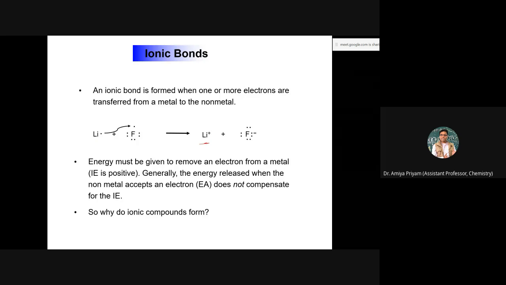Now, if you have a large number of such, say 1 mole, so you have 10 to the power 23 atoms of lithium, 10 to the power 23 atoms of fluorine, then they will combine together. Because of mutual attraction between positive and negative charges, they will start arranging themselves in a regular manner, and that will be what we say a lattice, a solid three-dimensional network in which a regular arrangement of these ions is there.